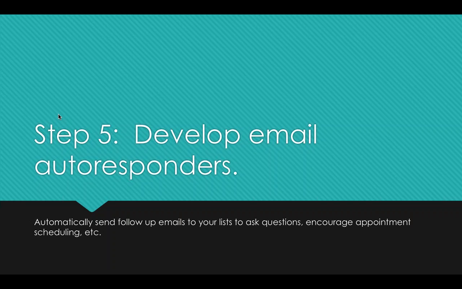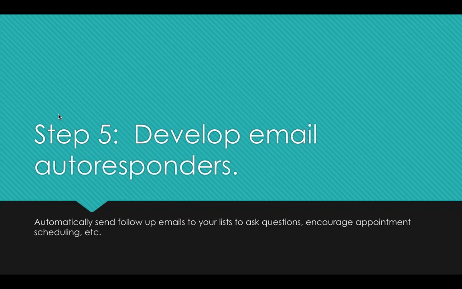And then once you have your email set up, depending on what your lead magnet is, we want to develop email autoresponders. So for example, if someone were to download an ebook, let's say you put an ebook out regarding thyroid conditions or hormone imbalances.